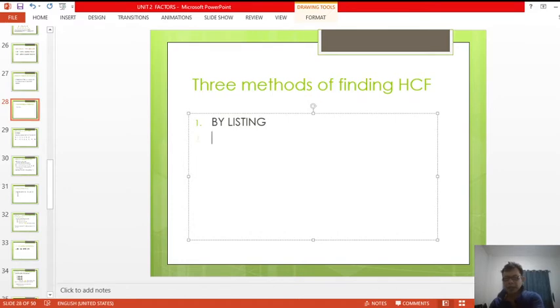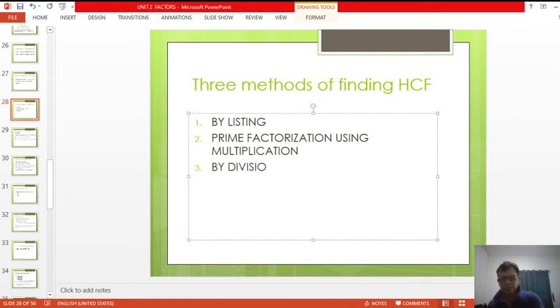The other one is by prime factorization using multiplication, and by division, or division algorithm. So there are three types.